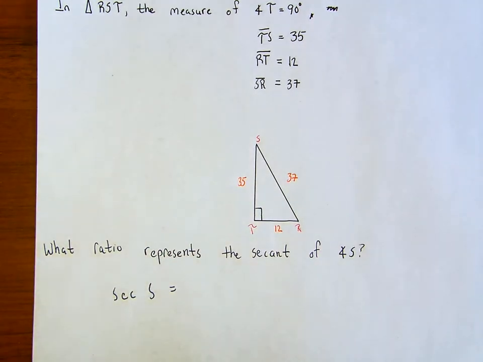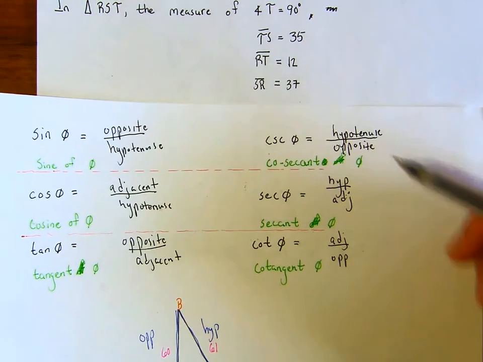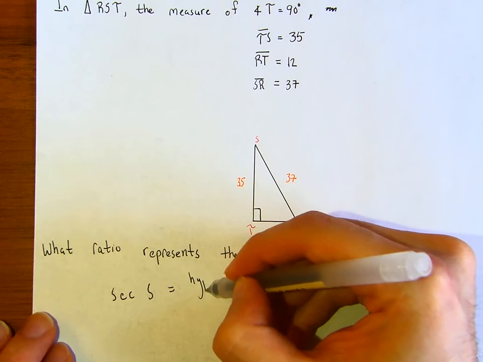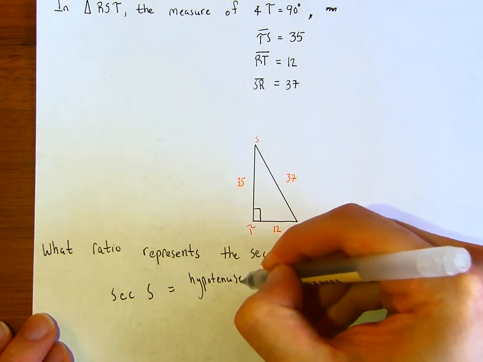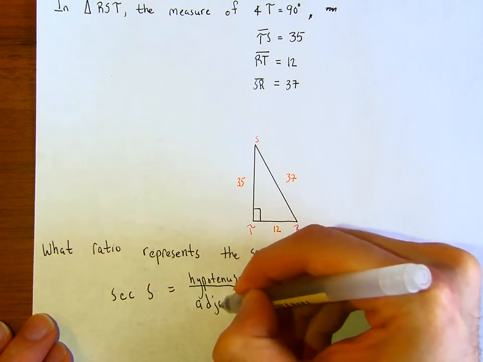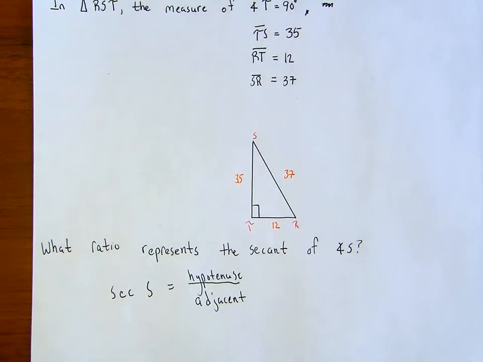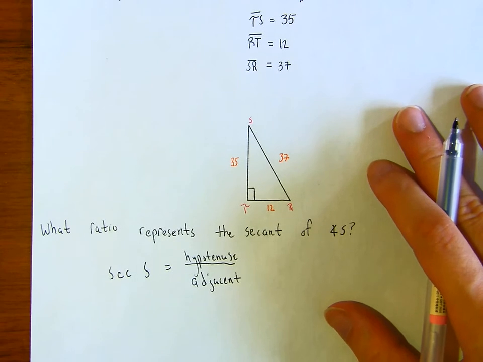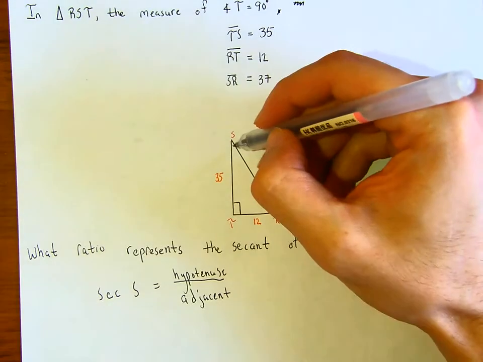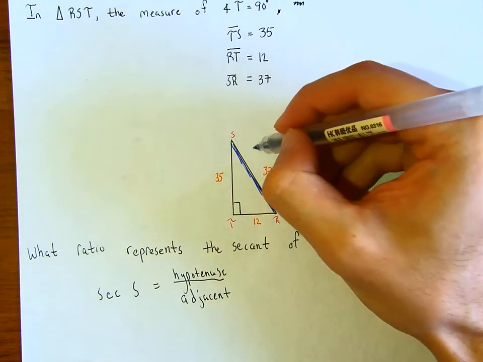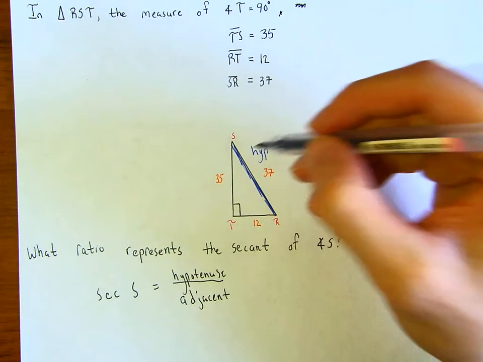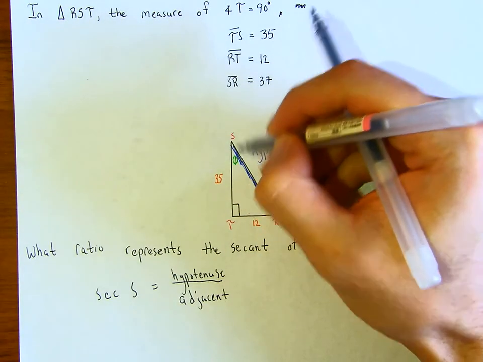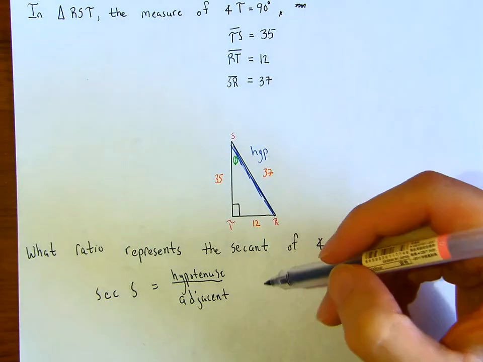Okay, well, let's look at our notes, right? Secant is hypotenuse over adjacent. So here we can just write hypotenuse over adjacent. Okay, now you need to figure out what is the hypotenuse in this triangle over here. Let me zoom, sorry. This here to here, this is the hypotenuse, right? And remember, where is our angle? It's angle S, so our theta is over here, right? Now, what is the hypotenuse?